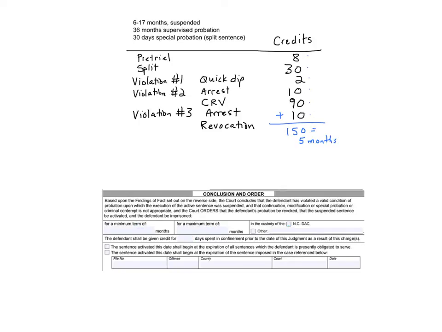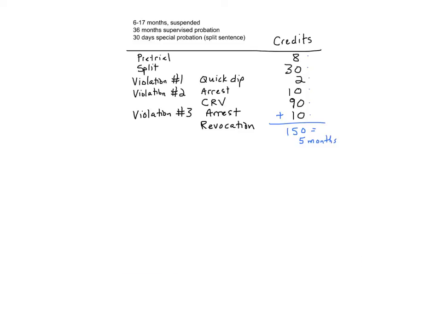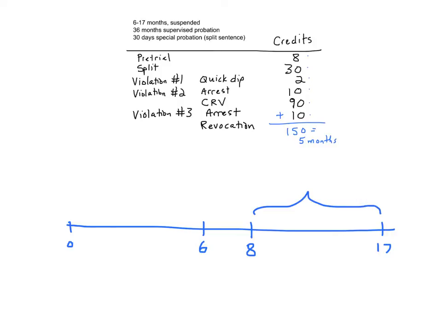Let me get this out of the way, and let's do what we've done in previous modules. Let's put our 6 to 17 month sentence on a timeline starting at 0 with our 6-month minimum and our 17-month maximum. We know that the last 9 months of the sentence, from month 8 to 17, are going to be set aside and reserved for post-release supervision.